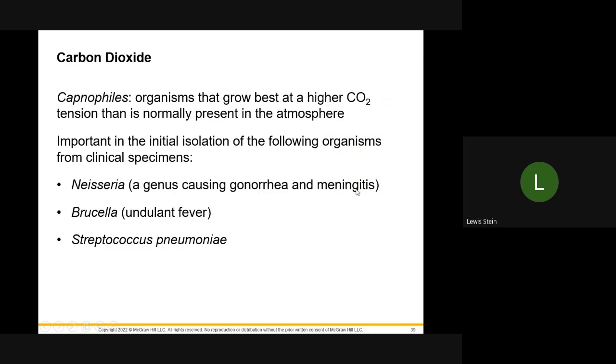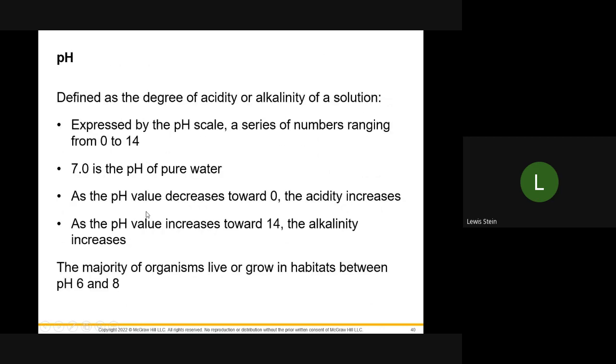Neisseria meningitidis is the leading cause in adults of bacterial meningitis. Historically, one of the most difficult sexually transmitted diseases. Brucella, which causes a particular fever. You don't see a lot of that. I'm trying to think of where the bacteria comes from. I'll get back to you. So that's all there. And it's pH. There's nothing to really say about it.